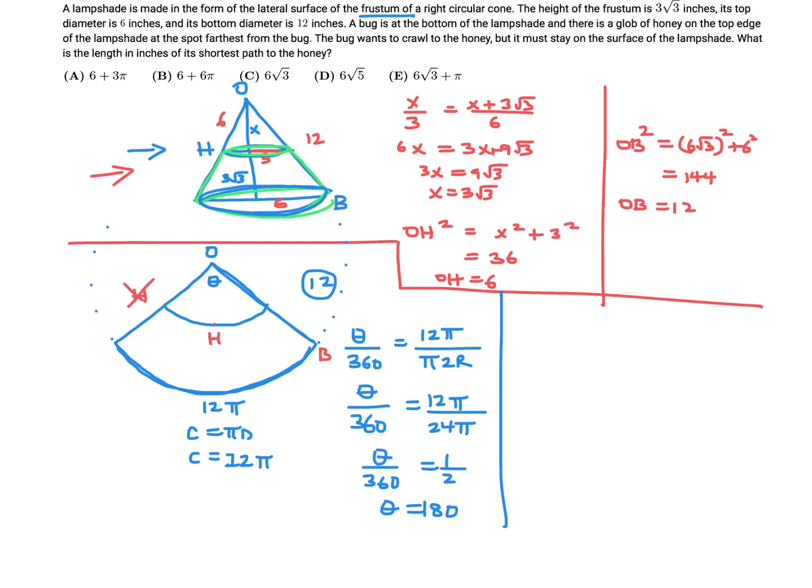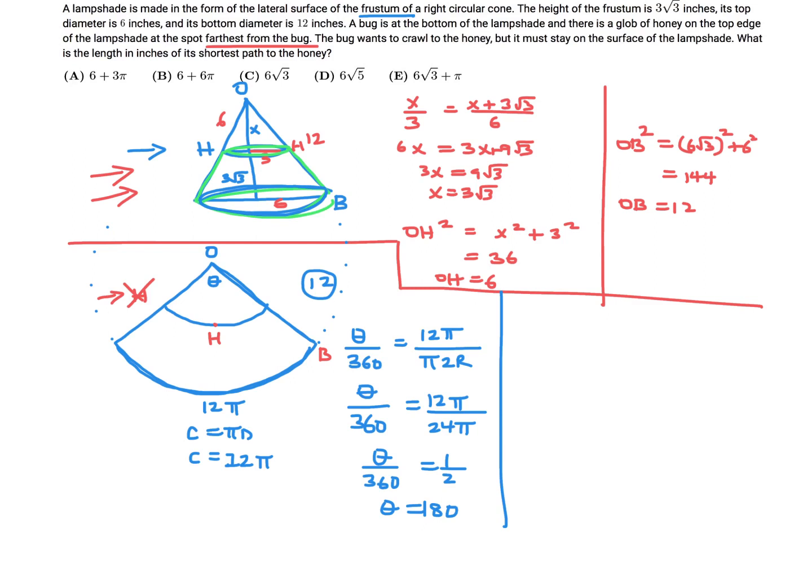Because they are farthest from each other. In this diagram, it's labeled properly, but when you open it up, it's going to be there. If it was here, then when you closed it back, they would not be the farthest. The honey and the bug would be on the same side, I guess.